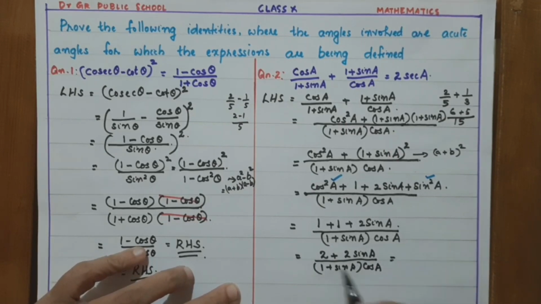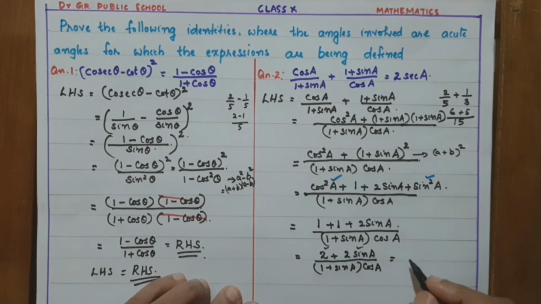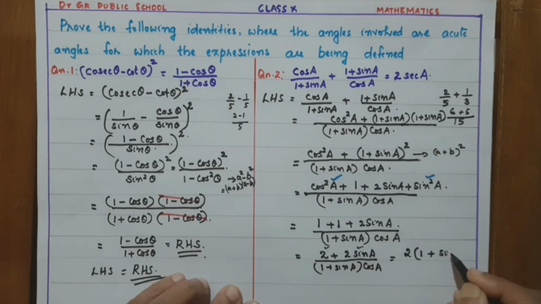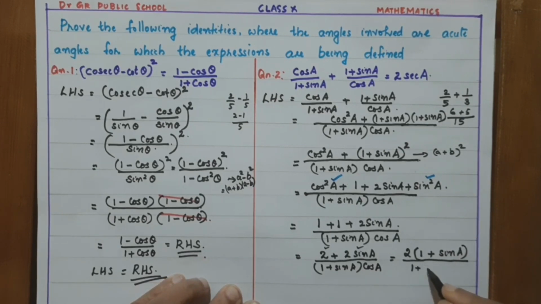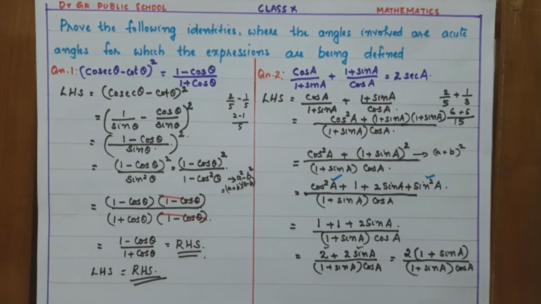Now, from the numerator, we can take one common factor. What is that? This is the first term, this is the second term, which is the common factor? 2 is common, isn't it? So 2 can be taken as common factor. When we take 2 as common factor, here 1 is remaining, plus here sin A is remaining, the whole by 1 plus sin A multiplied by cos A. Okay, children, now what can we do?